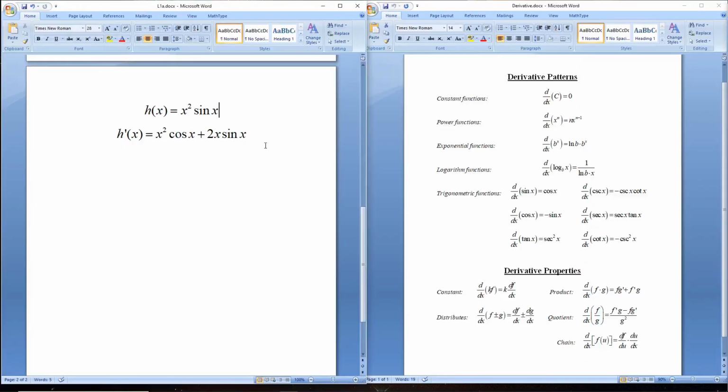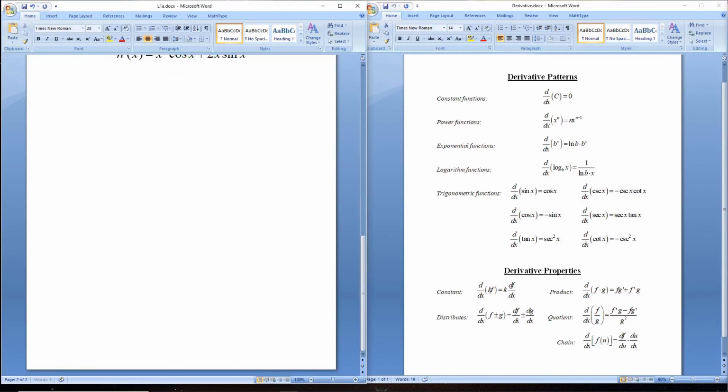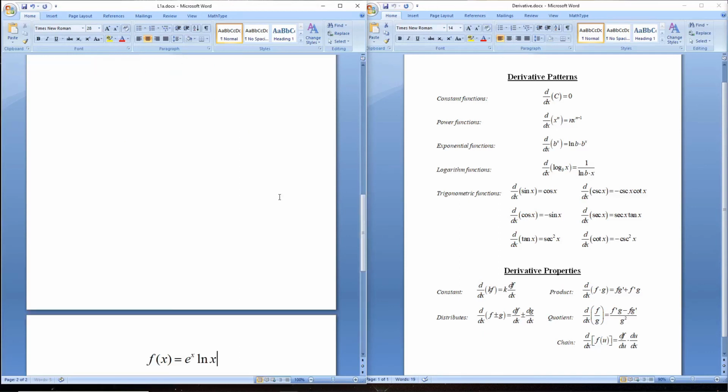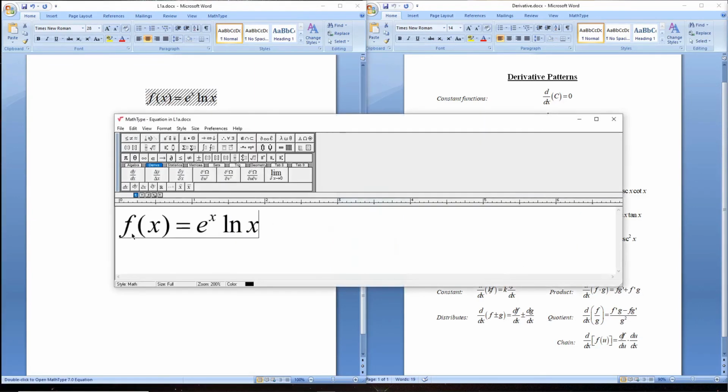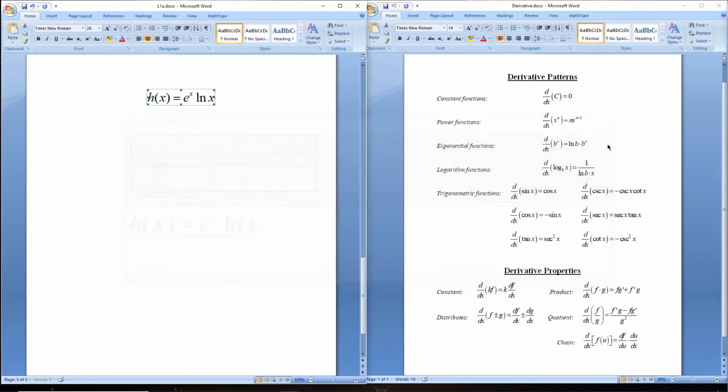So let's take a look at another example. e to the x times natural log of x. I'm calling this f again, but let me call this h because I don't want you to get confused with the f over here in the product and quotient rule. The first thing you should do is identify what functions we are dealing with.